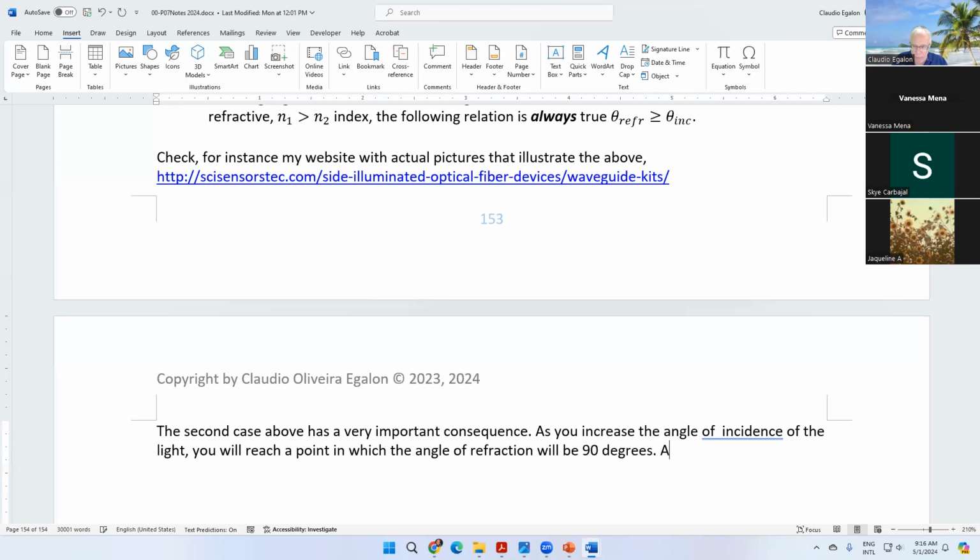At this point, the angle of incidence is given a special name.